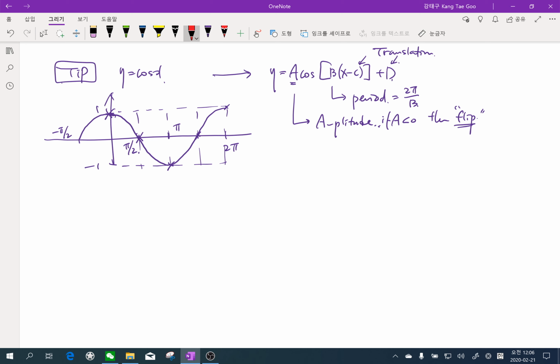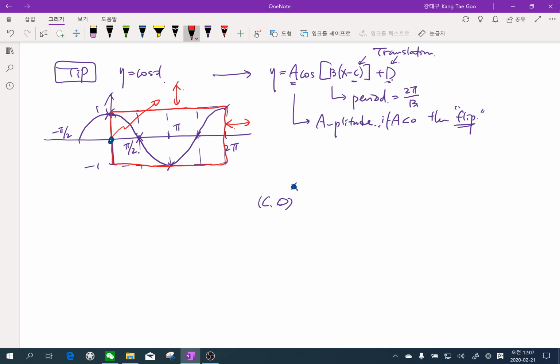Whenever I say that, you just consider this box and stretch it in this way, or stretch it in this way, and then you can translate this box somewhere. Whenever you draw the graph, first you draw c and d, so this point moves to the c and d point.